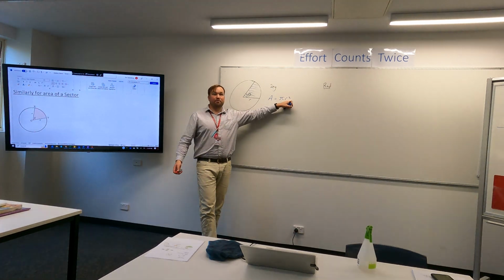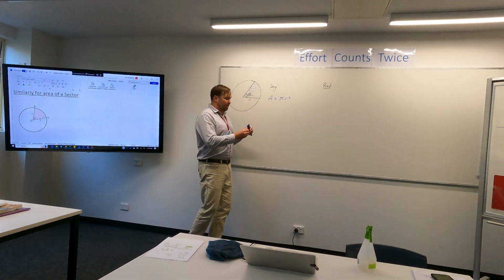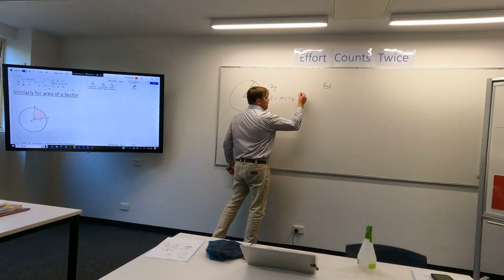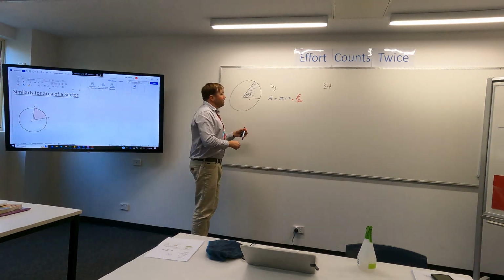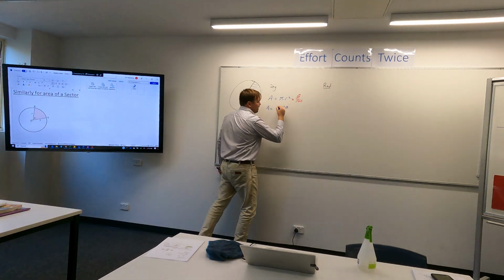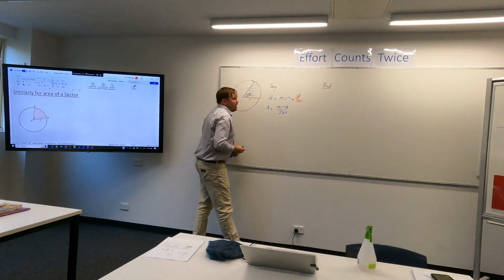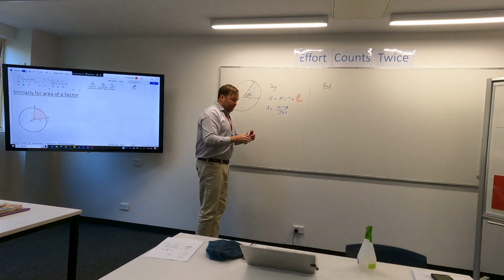And if the fraction is a half, great, we get half a circle. If the fraction is a quarter, we get a quarter of a circle. If we're working in degrees, we multiply by theta on 360. So therefore, the area of a sector for degrees is pi r squared theta on 360. Radians, very similar setup.